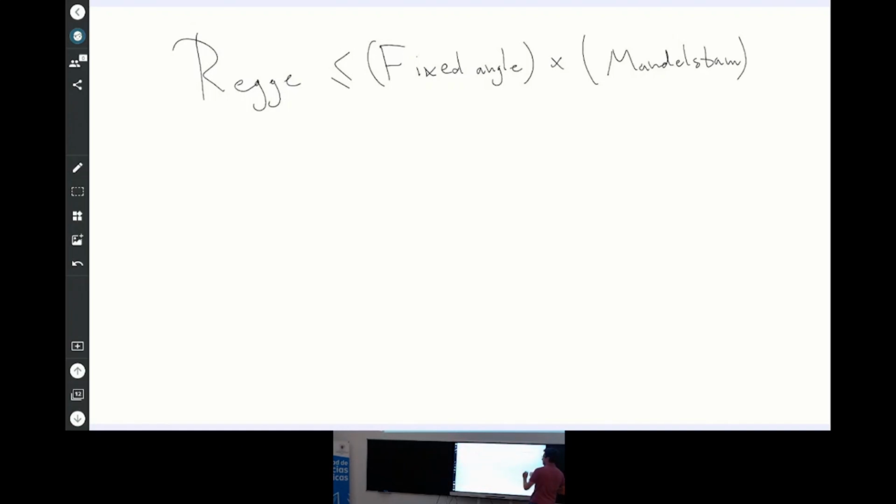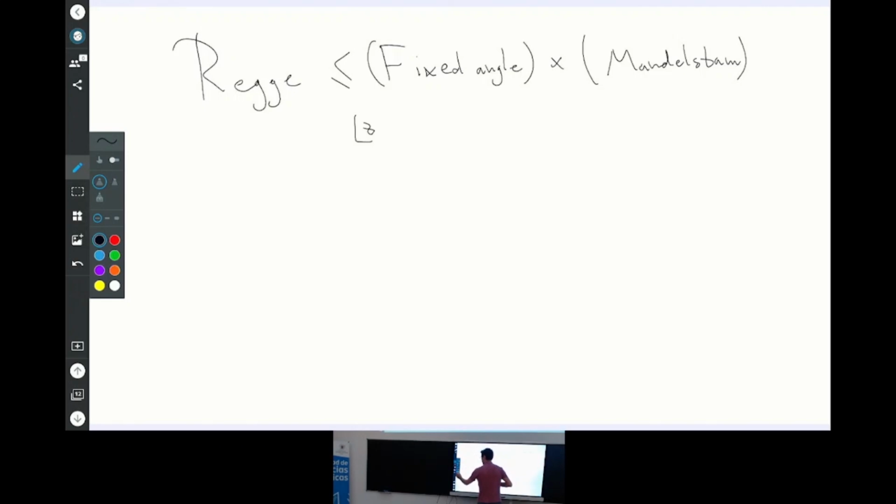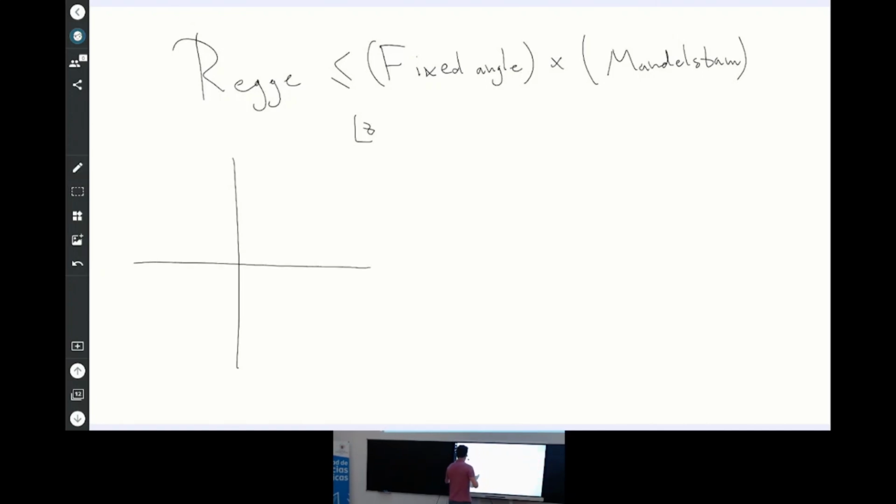Roughly what Cerulus and Martin did, they say, well, Regge is bounded by a power, Mandelstam is bounded by a power by assumption, therefore we divide by Mandelstam, so we get the fixed angle as larger than something. And the way it works is that you look at the z-plane, and you consider three regions. I will explain the following.